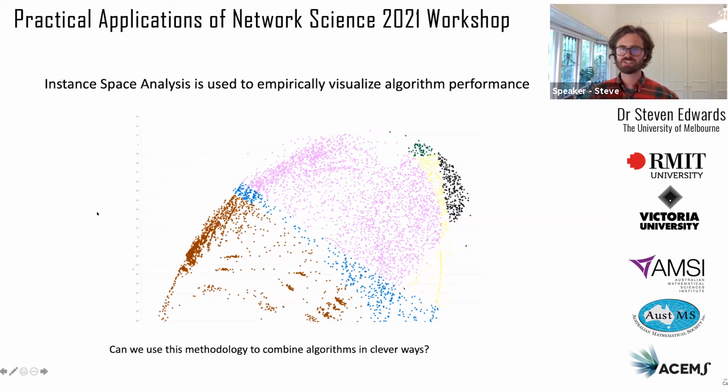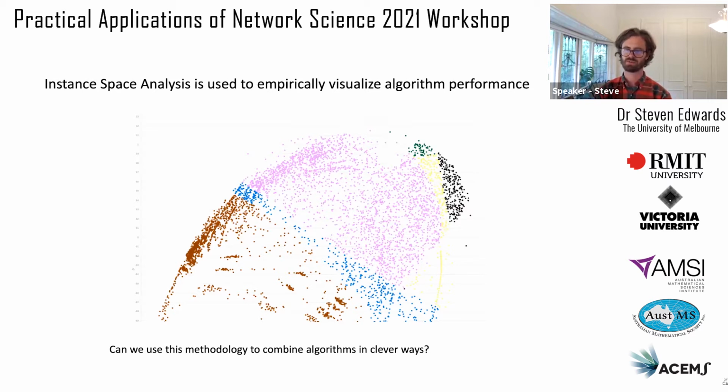But essentially, she's developed this amazing methodology called instance-based analysis, which allows you to empirically visualize algorithm performance. This visualization shows a whole lot of different instances of a single problem. I just took this because it's the prettiest, but you can think of it as a network flow problem where each dot corresponds to an actual instance of the problem.